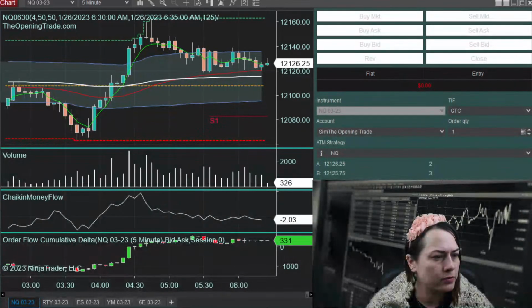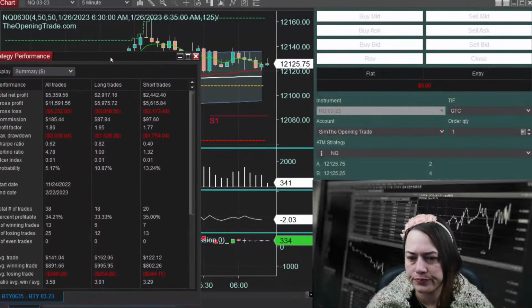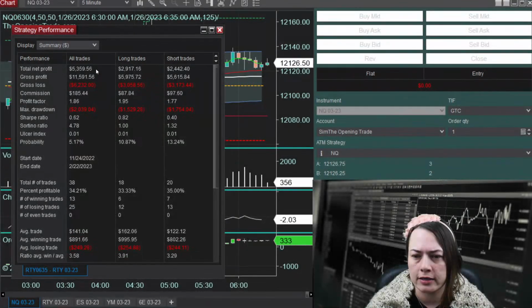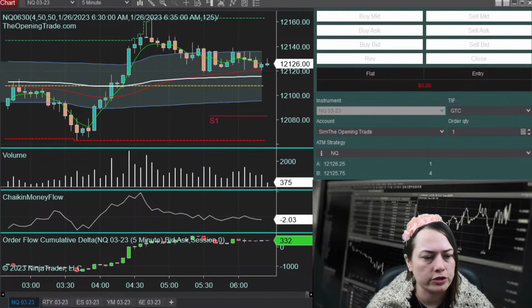All right, our next one is going to be the Russell 2000 futures. Here's our 90-day date range. Here's the max drawdown, the gross loss, the gross profit, and the total net profit.